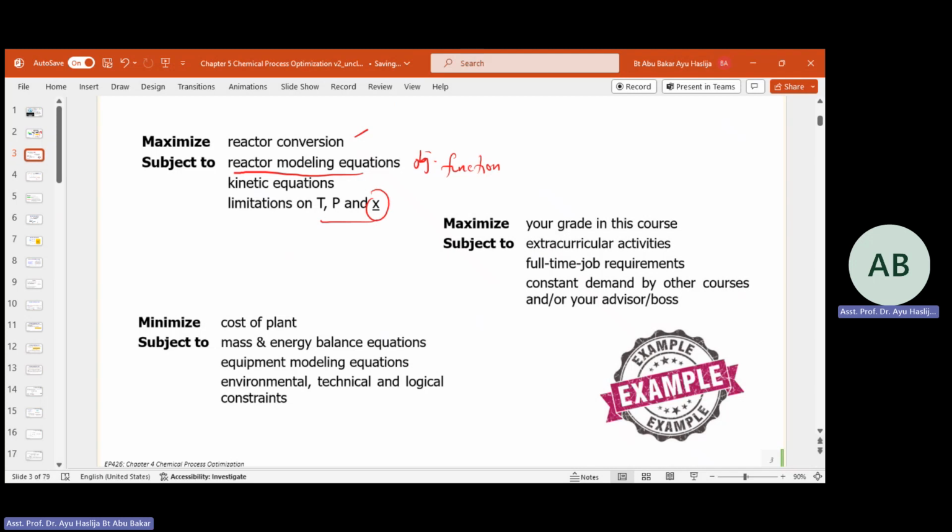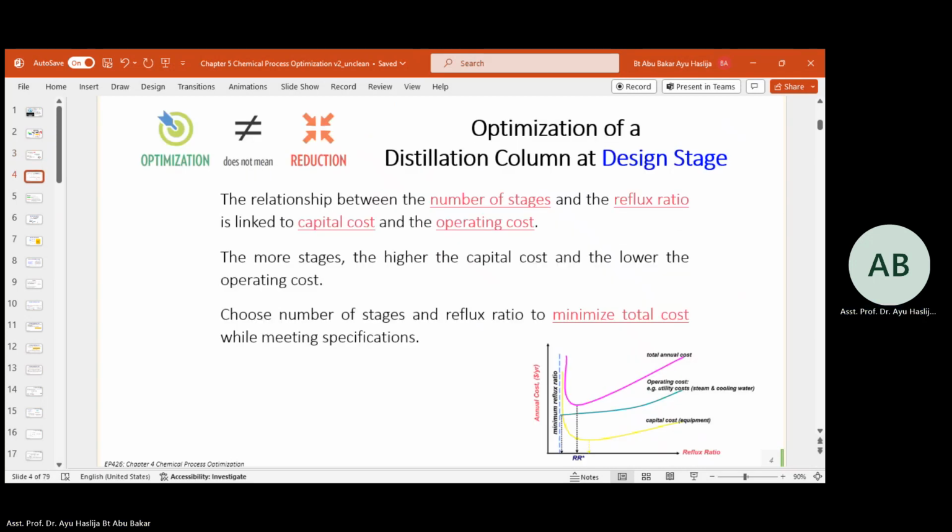So you must identify what your purpose is, and then what is affecting that purpose, and is there any constraint to meet?